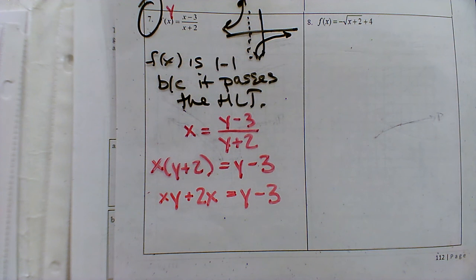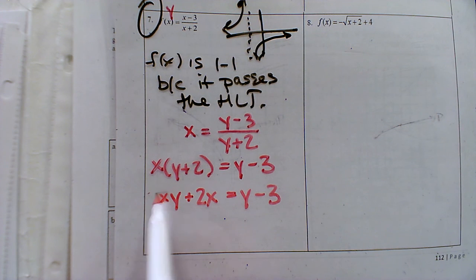Not too bad? Okay, so here's the tricky thing. Keep in mind, our goal is to get y equals. We want the y variable all by itself. We have two y's, so let's be a little strategic. What if we were to get all the y's on one side of the equation, because really that's what we're trying to solve for, and we'll get everything else to the other side.